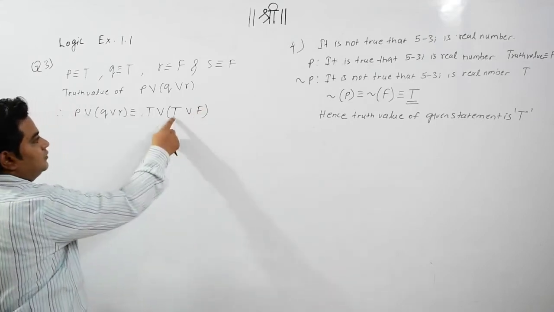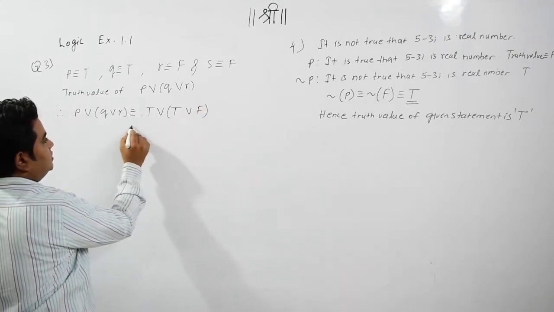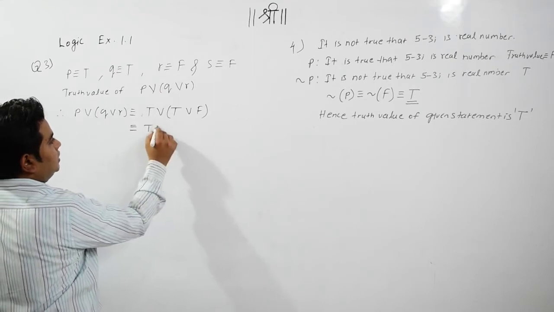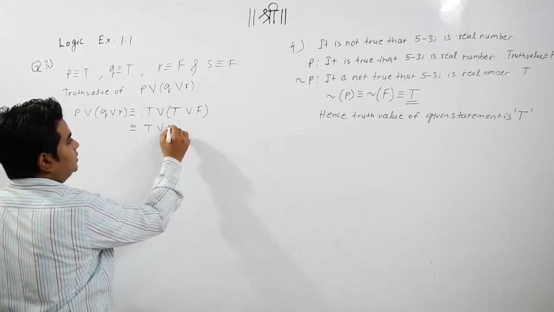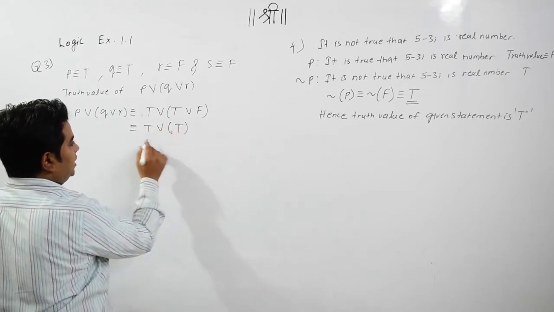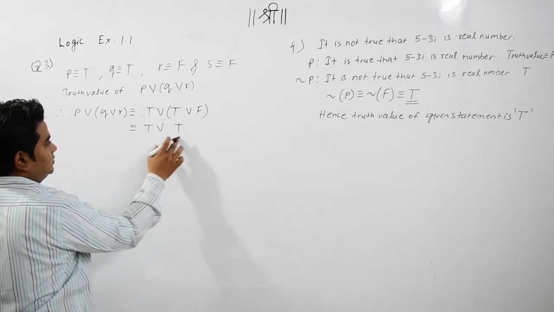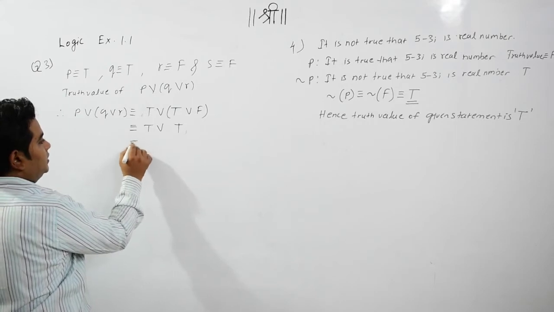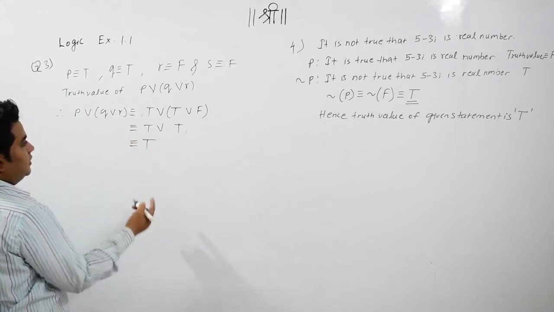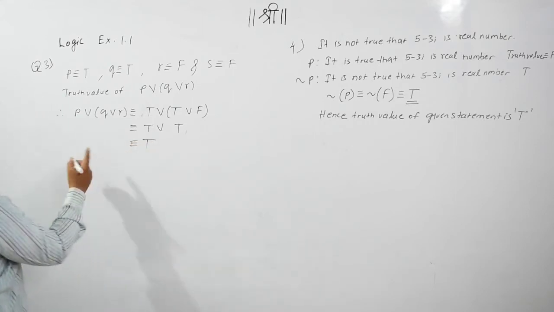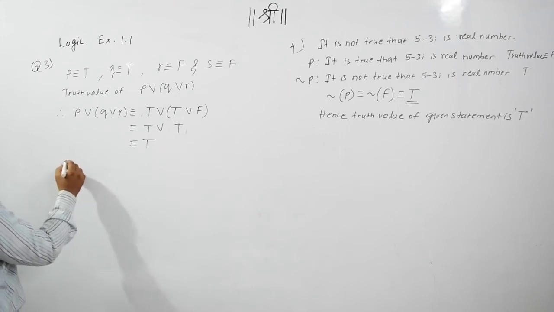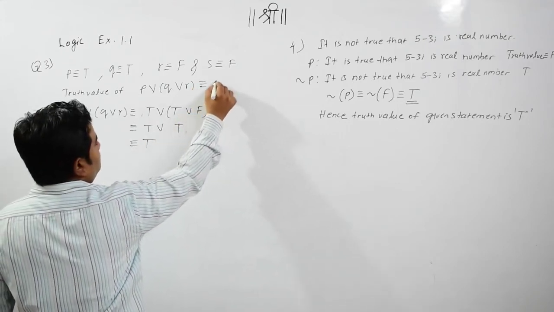All of you know that 1 plus 0 is 1, so this is equivalent to T or T. 1 is nothing but T. So this is again equivalent to T. That's it. The truth value is T. Therefore the truth value for the given statement is equivalent to T.